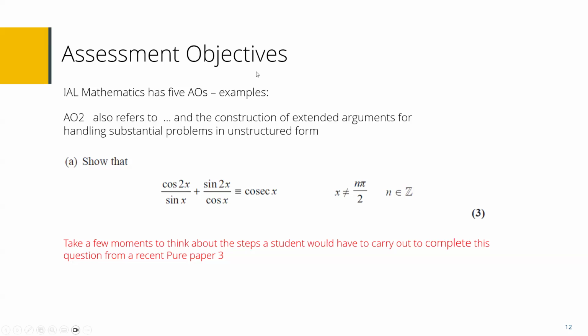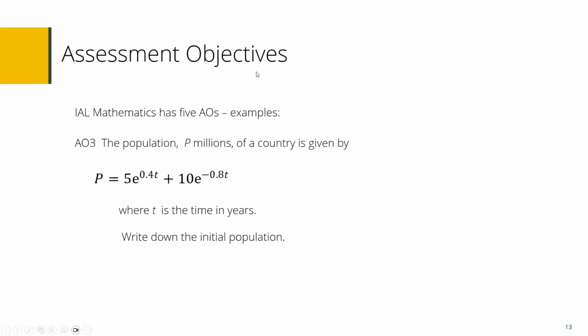If I look at an objective 3 problem here, the population in millions of a country is given by this, where t is the time in years. Write down the initial population. Now, I need to emphasize that the assessment objective 3s are not just for population change. This is just an example.